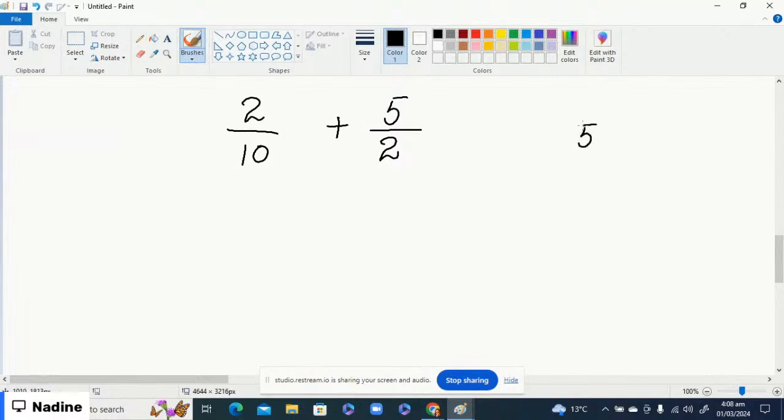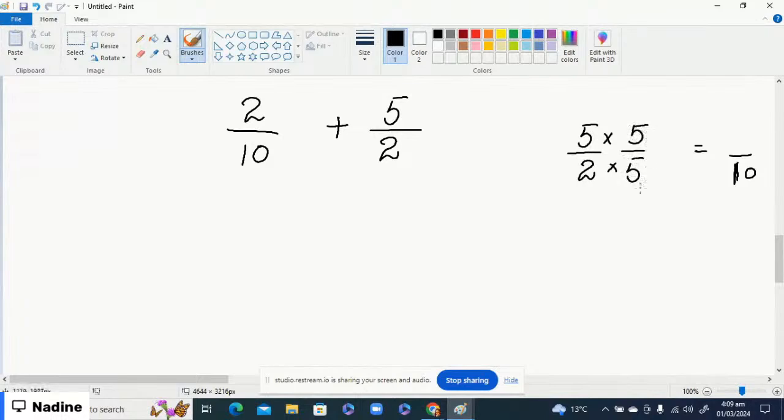Multiply and divide with which number? Good, 5 by 2. Multiply and divide with which number? Then you get the answer here 10. Multiply and divide with which number? Good, 5. Both numerator as well as denominator.